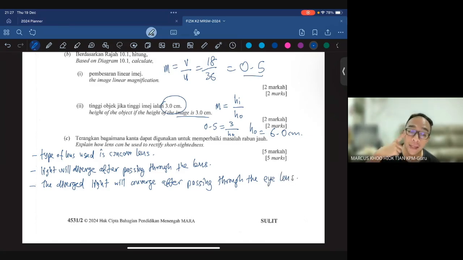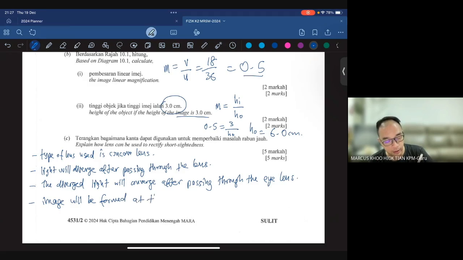Then the image will be formed at the retina. Something that you learn in science lower form. Once again, the image will be formed on the retina, and then sent to the brain, and so on.